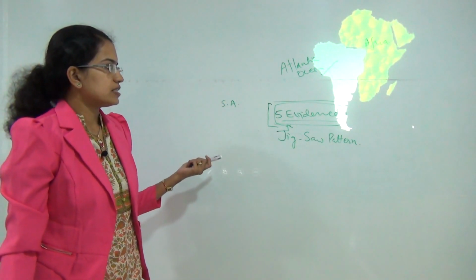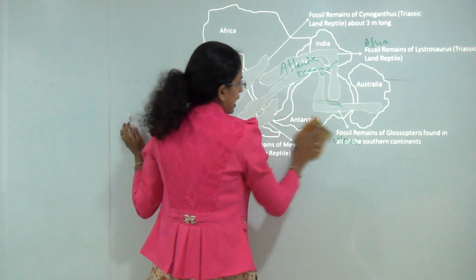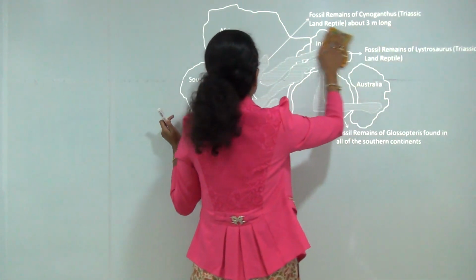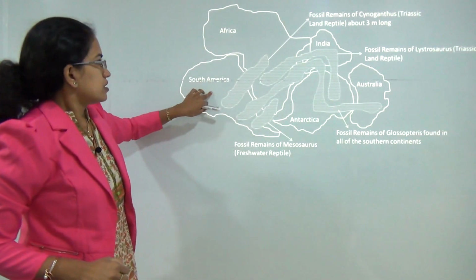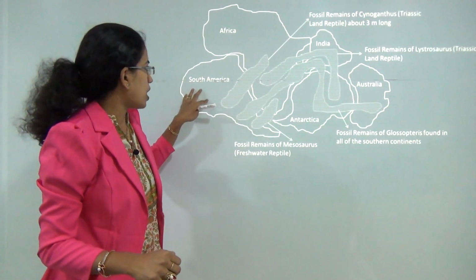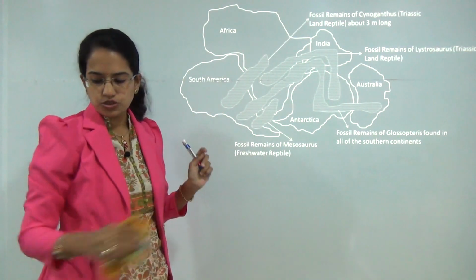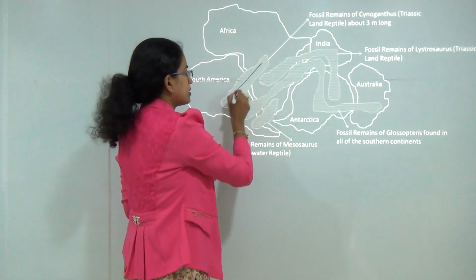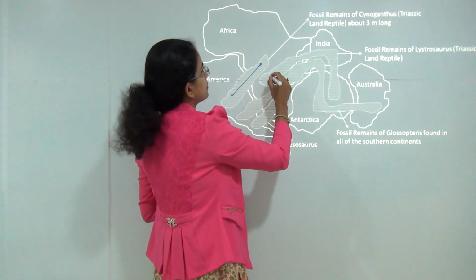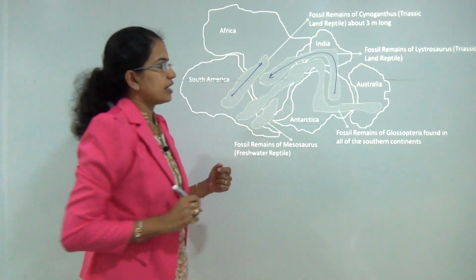The next evidence that supported Wegener's theory was the similarity in the fossils found over the various regions. He said the fossils of Cynognathus were found in South American and African regions, which, if we merge those continents, form a common belt. The next was another land reptile found in African, Indian as well as Antarctic continents, and that was Lystrosaurus.